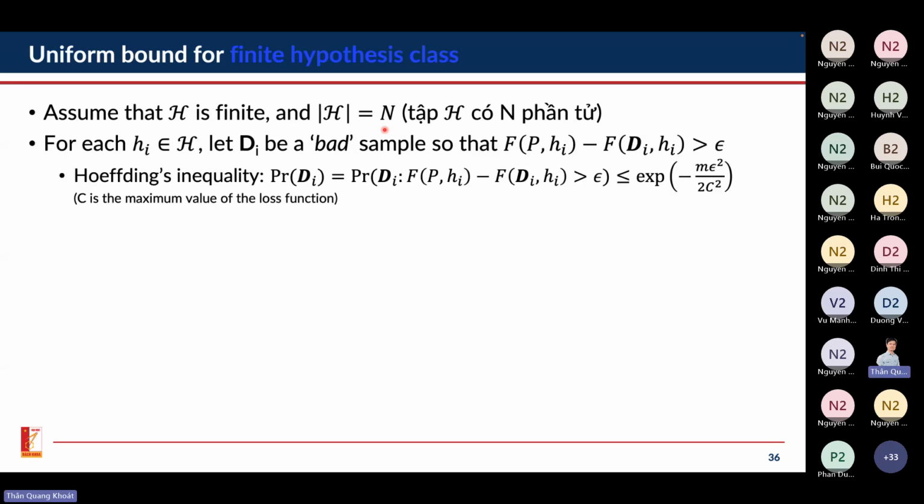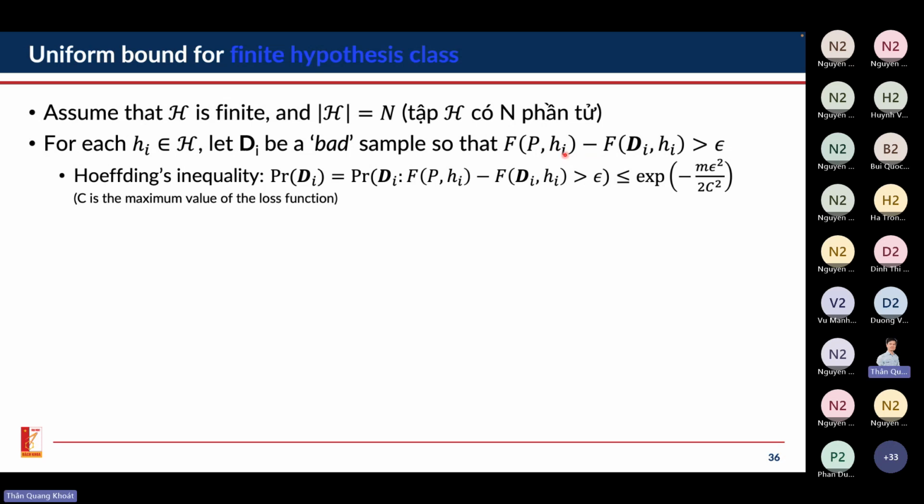So let's enumerate the bad data sets. For each member h_i in the family, we denote D_i to be the bad sample so that this difference of error can be large, right?